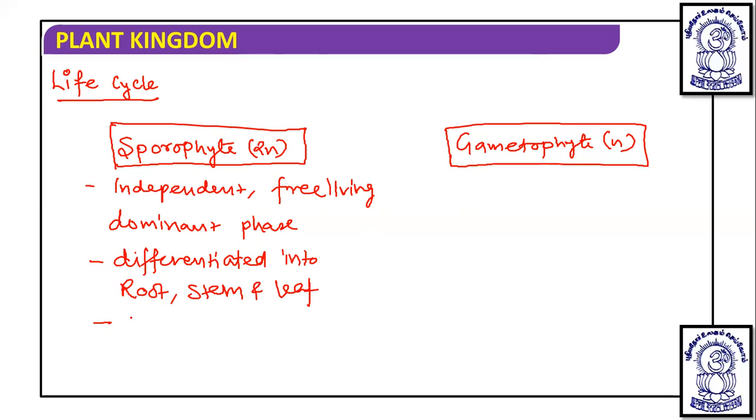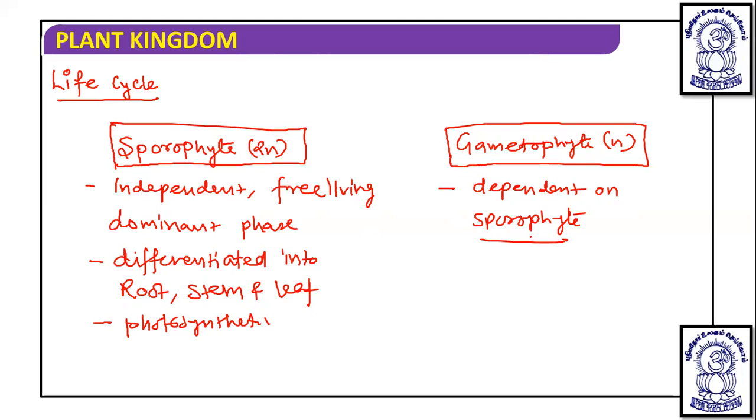And this sporophyte is a spore producing body which is independent, which is itself photosynthetic. But the gametophyte is dependent on the sporophyte, and the gametophyte is small sized and it is non-vascular.